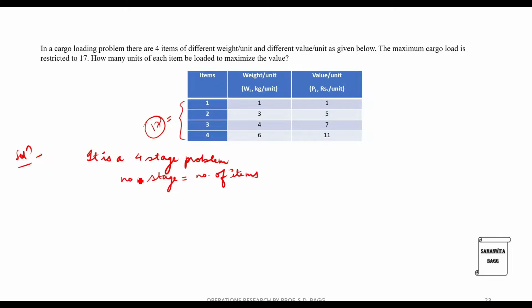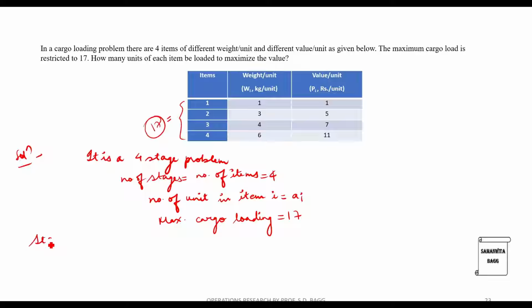So you can write down, number of stages is equal to the number of items, that is 4. Then the number of units in item i is Ai, that is for each of them how many units I require. And we also know that the maximum cargo loading is equal to 17. This is given to us.